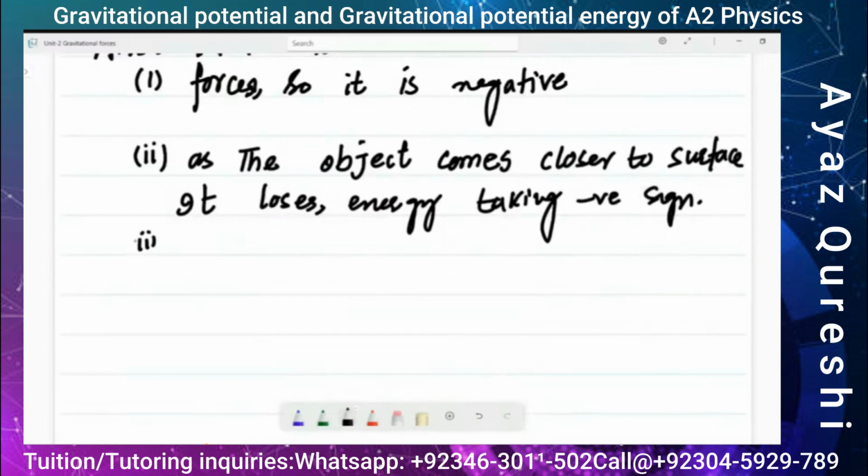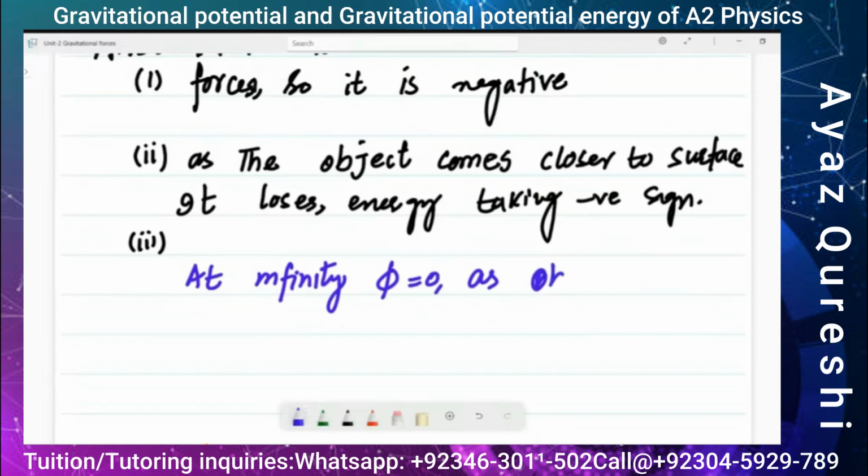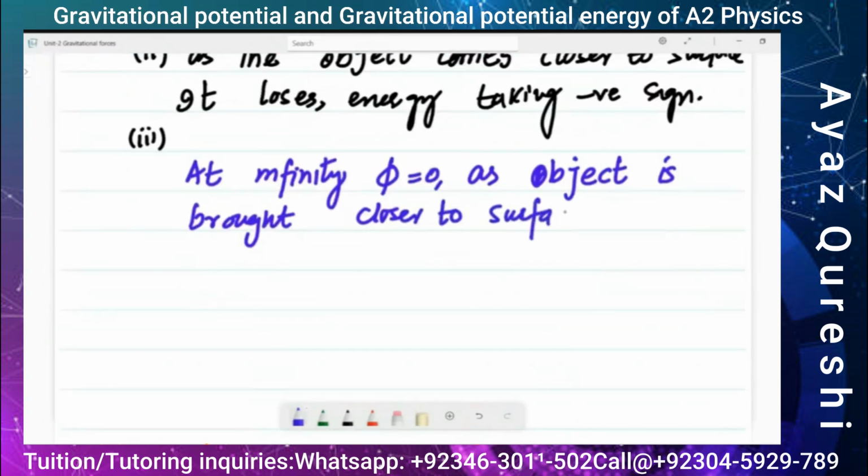Third, at infinity, these are what I'm going to write now, that is numerical explanations. At infinity, work done is zero. At infinity, gravitational potential is zero, and as the object moves closer to the surface, it decreases. और मजे की बात आपको बताऊं, below zero values go to negative.